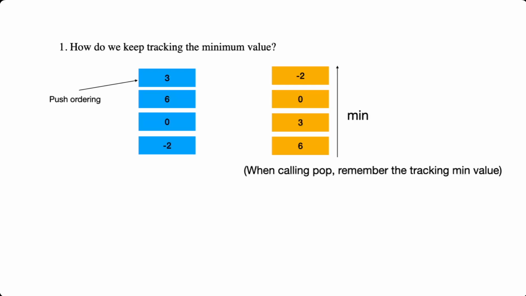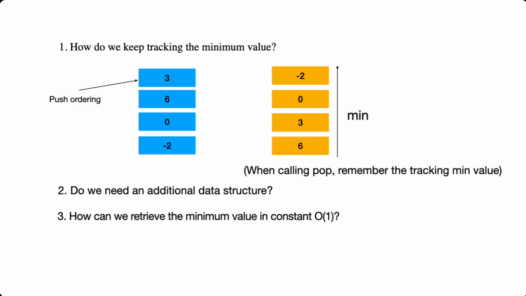Also, there's some hints, like whenever we're popping, remember to keep track of the minimum value. So the second question is, do we need an additional data structure to keep tracking this minimum value? And if we do, how can we retrieve the minimum value in constant time complexity of O(1)?